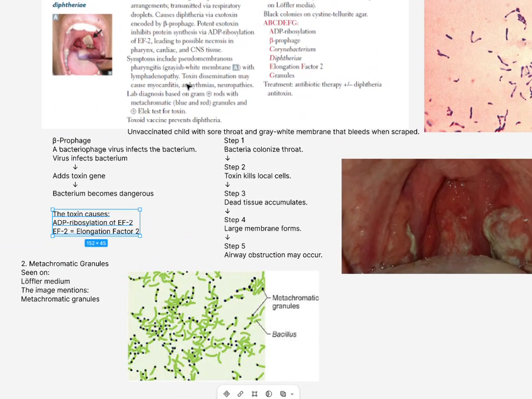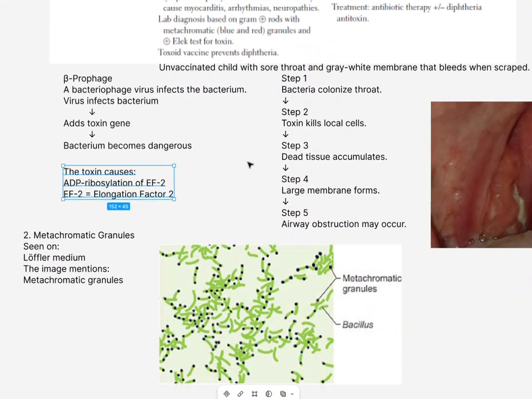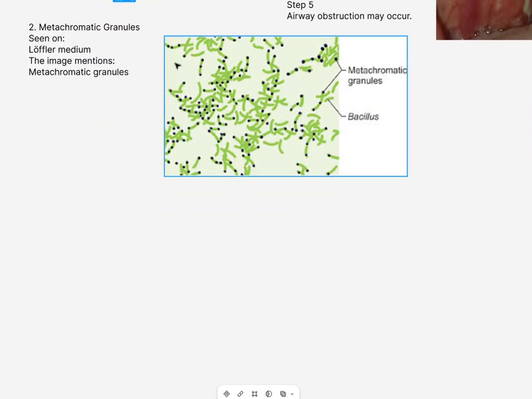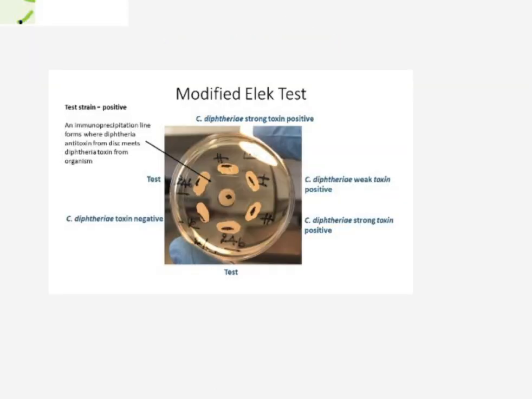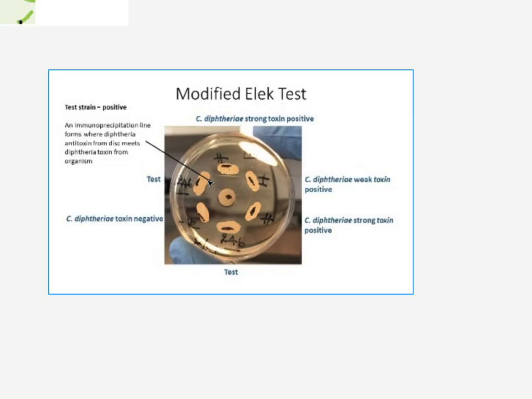Oh, there's also another test that I should mention, the Elek test. What does the Elek test do? It's usually used to determine if a toxin is present. A positive Elek test will tell you if there's a toxigenic strain.